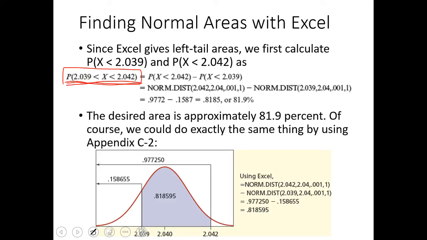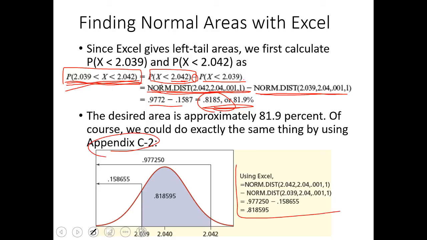This probability can be calculated as the probability that x is less than 2.042 minus the probability that x is less than 2.039. Then we just use the normal distribution function, and we obtain this number. Okay, so we can check this result using appendix C2, and we can obtain this number.